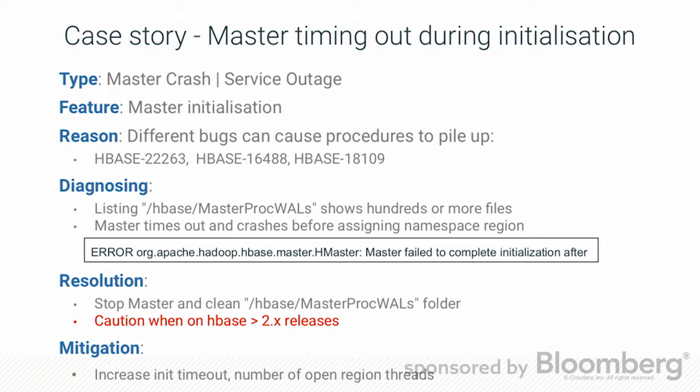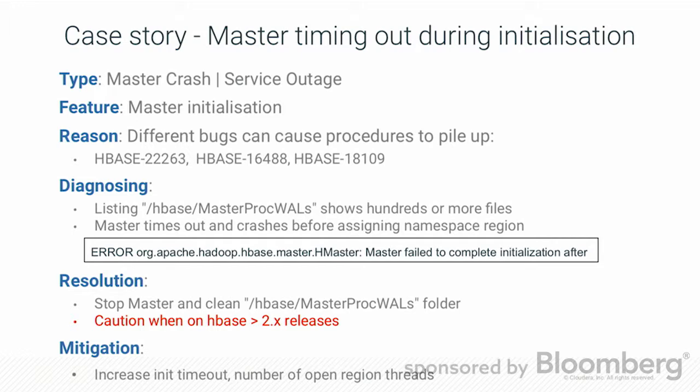For this specific type of case, what we normally see is a problem with the procedures subsystem. These different bugs could cause an accumulation of procedures under this directory, and whenever master restarts, it needs to load the procedures that are stored on files under this directory in order to replay and resume the stage where the different processes running over HBase were when master last restarted.